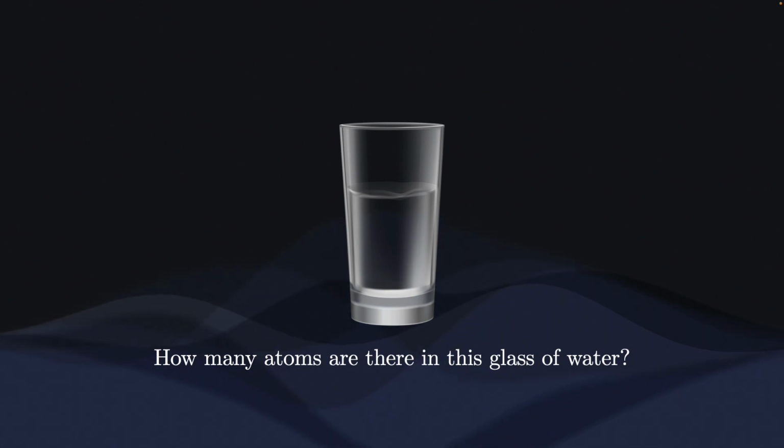So let's just start off with this little problem, which is how many atoms are there in this glass of water? And what we need to know first is the number of molecules in a cubic millimeter of water. If you don't know what that means, that's okay.